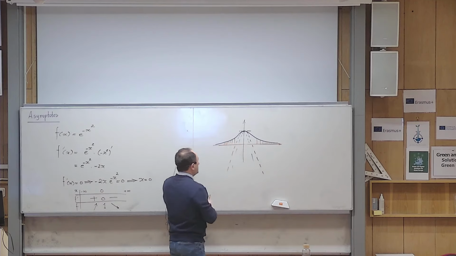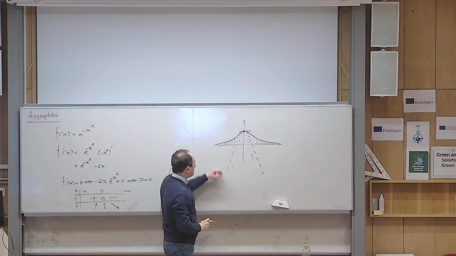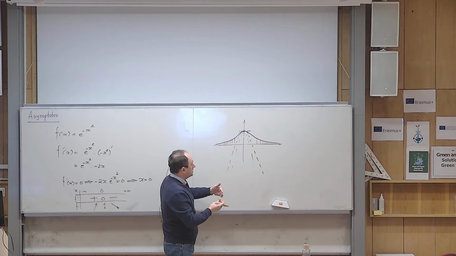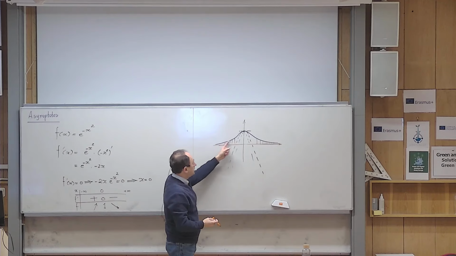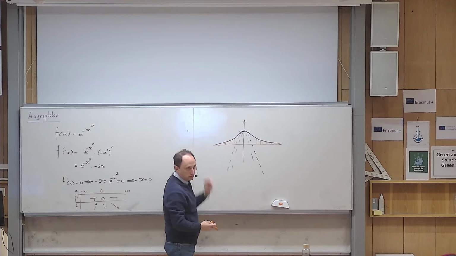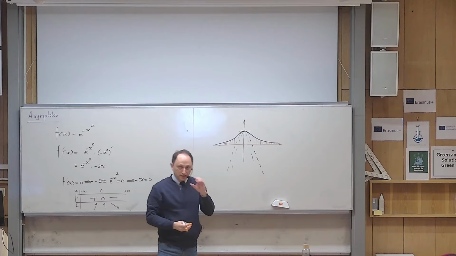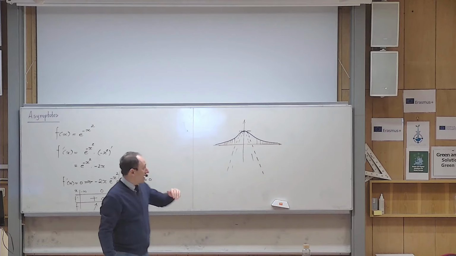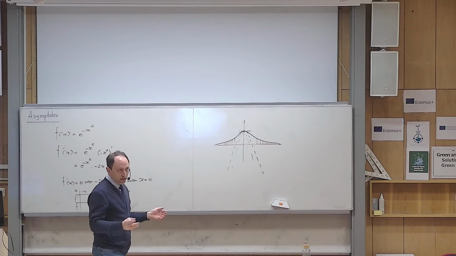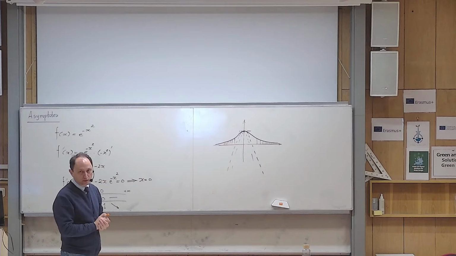So this is my straight line. These orange lines that I am drawing are measuring the deviation of my graph from that line at that particular point. If the deviation of the graph and a particular line is becoming negligible, then we say that that line is an asymptote for my function.